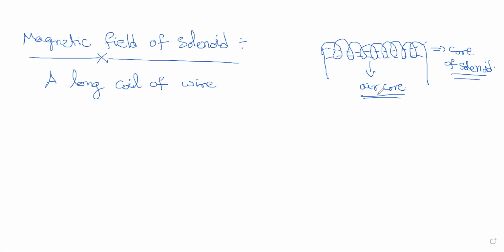Whatever the space is between the solenoid rings, that's called a core. If you don't place anything there, that's called an air core. If you put an iron bar in between, that's called an iron core. If you put a copper bar in between, that's the copper core.